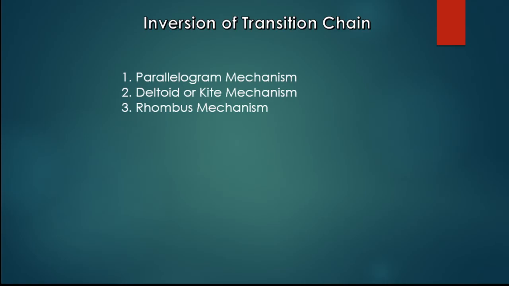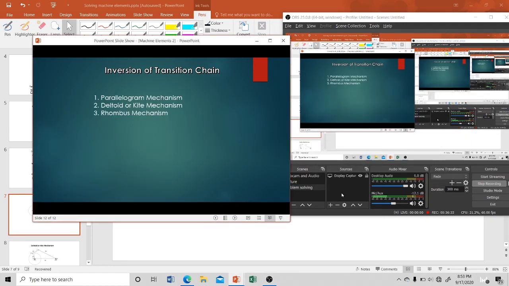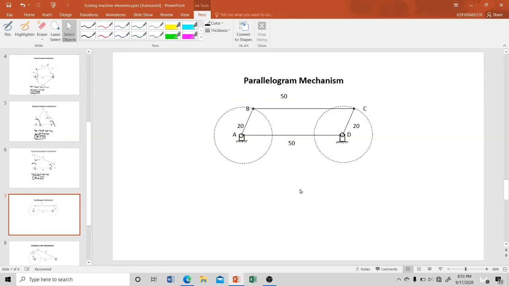So let us figure out why it is an uncertainty configuration. It means it is not an ideal mechanism. We have the parallelogram mechanism, where both lengths AB and CD move in the same direction as shown in this figure.